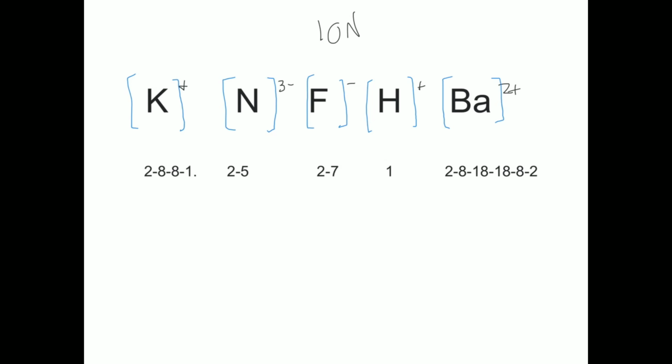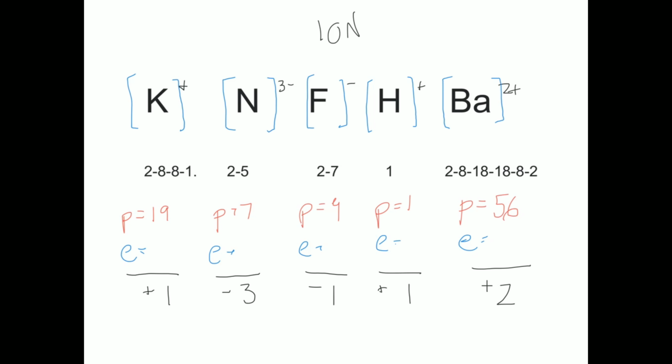So remember that ions get their charges because of an unequal number of protons and electrons. Using my periodic table, I've written down the atomic number, which is the same as the proton number for each species. I've also written down the total charge. Recall that charge should be the number of protons minus the number of electrons.